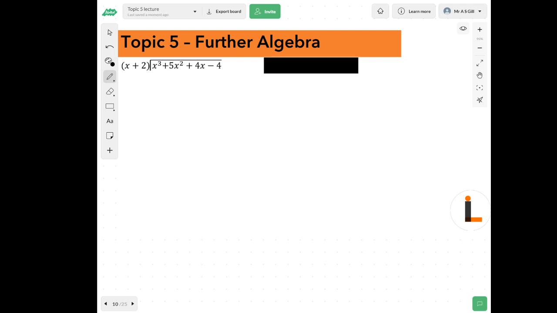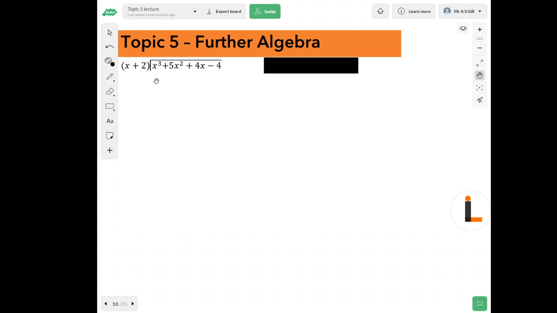And this is exactly the same for polynomial long division, which is sometimes called algebraic long division. But they both mean the exact same thing. So here we've got our algebraic function. And what we're asking is, well, how many times does x plus 2 go into x cubed?